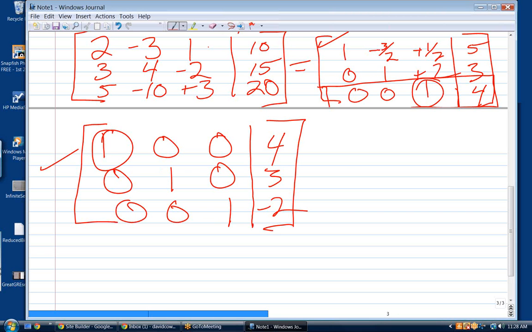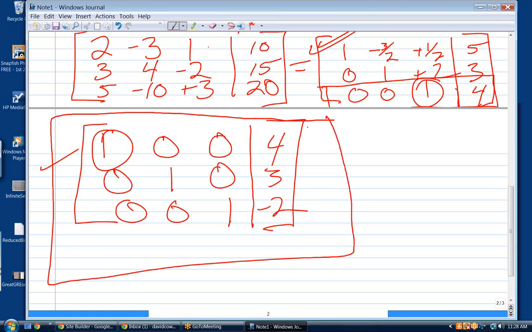If you're doing these manually, it's much, much easier to get to the row echelon matrix. It's pretty easy to figure out how to manipulate these three equations so that you get 1, 1, 1 on the diagonal, and zeros to the left and below each of your ones. It's a lot more work to produce the reduced row echelon.